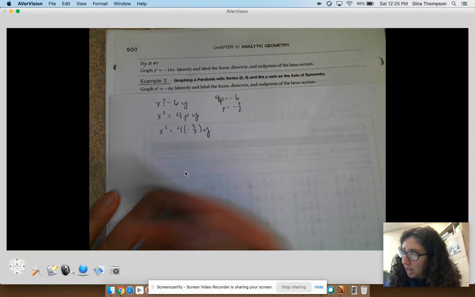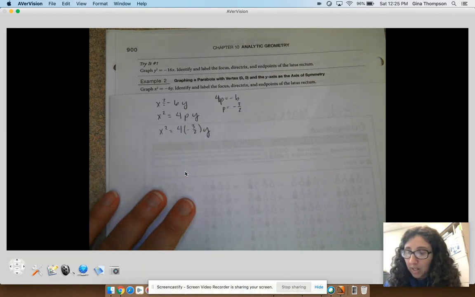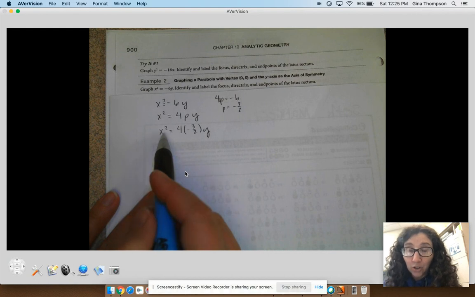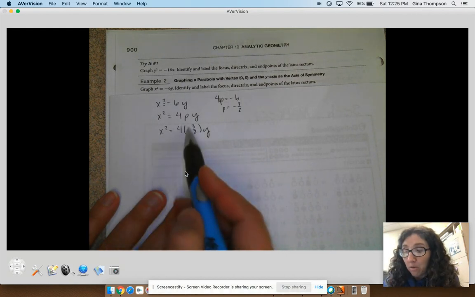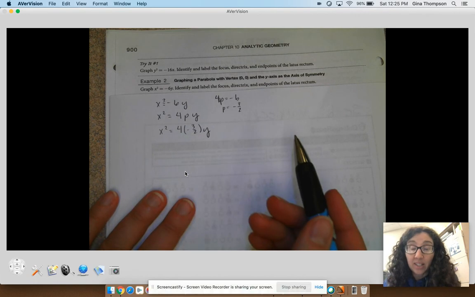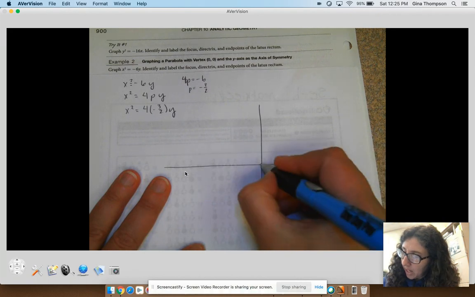Okay, so we know our p. We know this is going to open up or down because it's the x term that's squared. And it's going to open down because our p is negative 3/2. Okay, so here's our vertex.